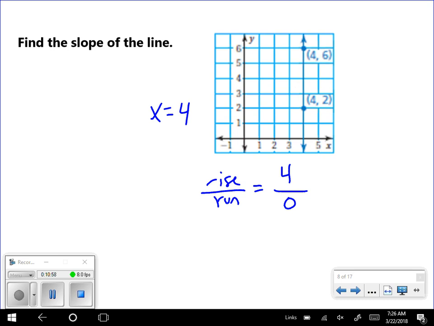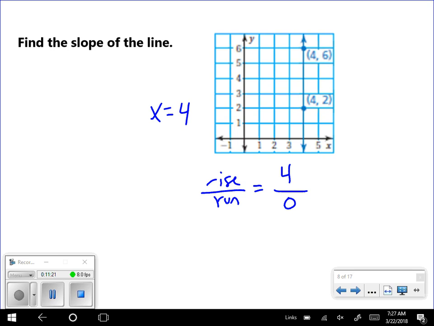Now, this is a very tricky thing for a lot of 8th graders. Can you divide by 0? Let me ask you this question. If I gave you 4 M&Ms and told you to divide them into 0 groups, could you get an answer to that? Well, I hope not.